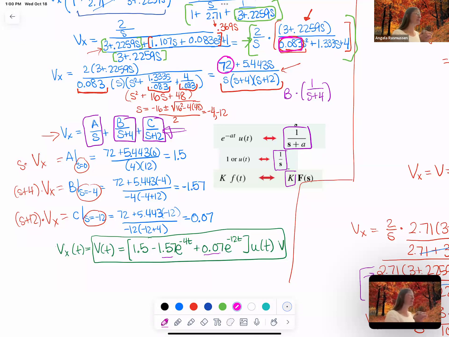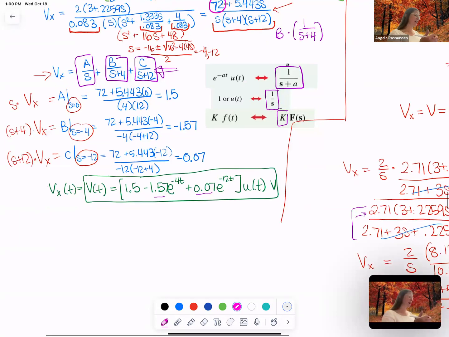Okay, once you find A, B, and C, now you can easily look at the Laplace tables and say A over S is going to translate back into A times u(t). And so I get this first term. And then S plus 4 on the bottom translates into e to the minus 4t for the second term.